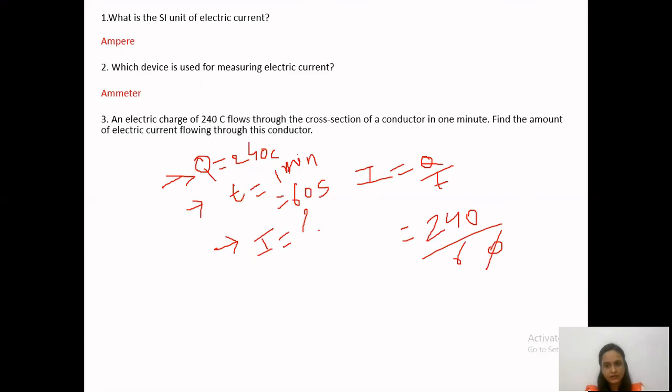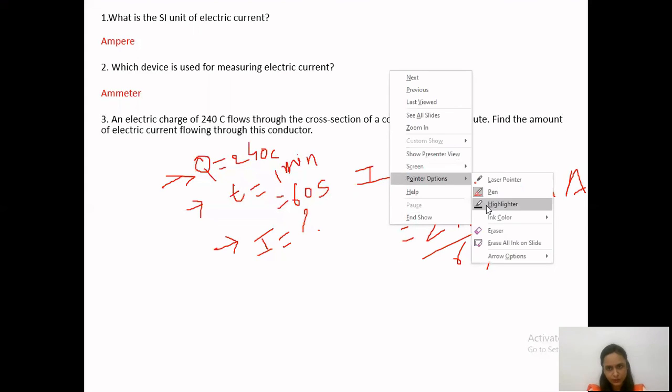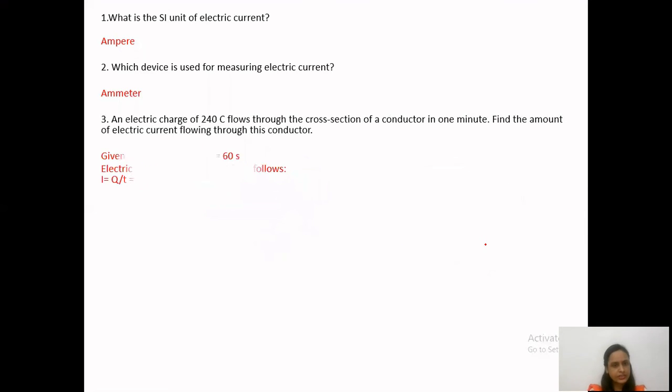So we can just solve it, 24 by 6, and we will get 4 ampere. This way we can solve the numerical based upon the calculation of the current. So here we have 4 ampere as our final answer.